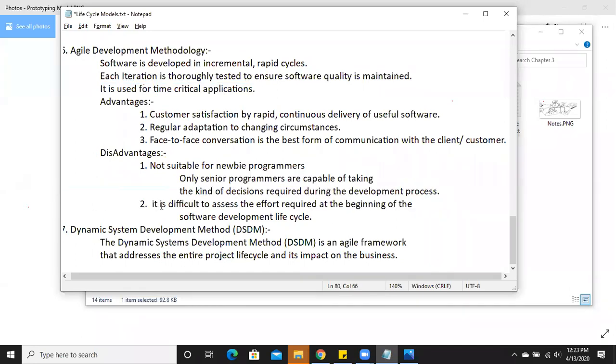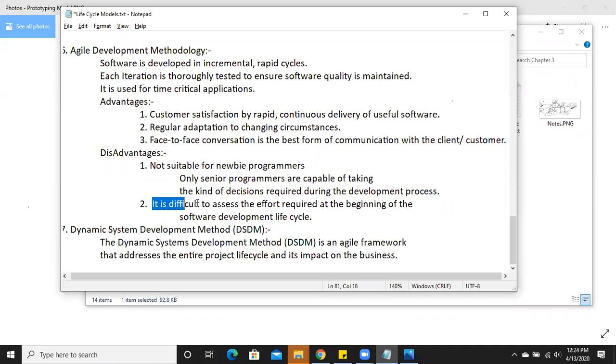Okay. So it is difficult to assess the effort required at the beginning of the software development life cycle. As we know, the agile methodology consists of several iterations. So it is very difficult if an organization has followed this model.